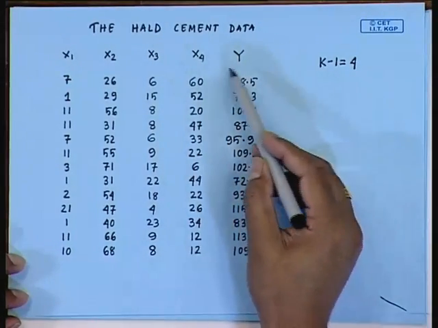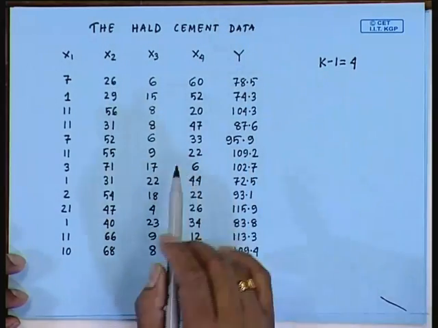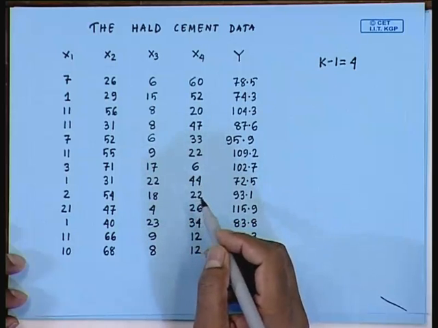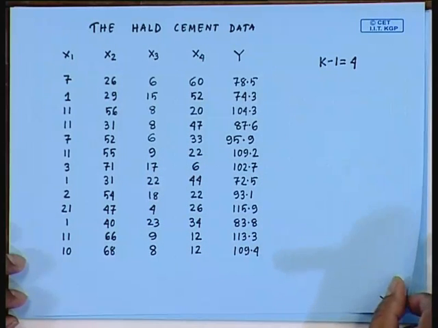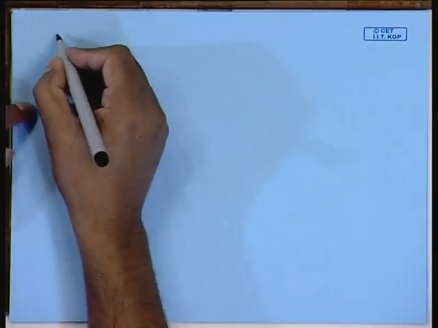So, we have 4 regressors and 1 response variable, and we will see which one is the best subset model according to the backward elimination technique. Well, so what we do is that we are considering the Hald cement data.